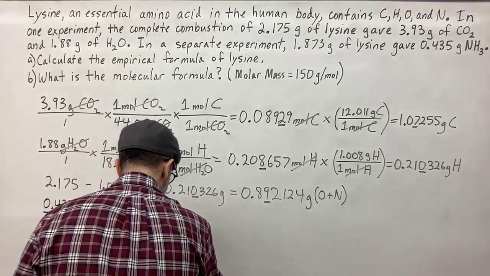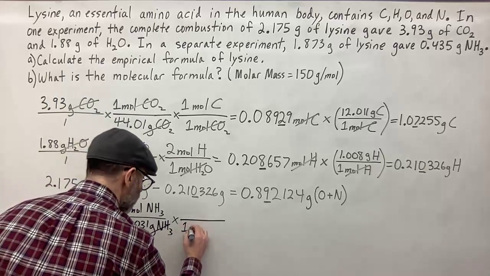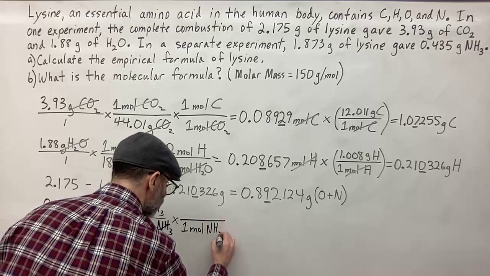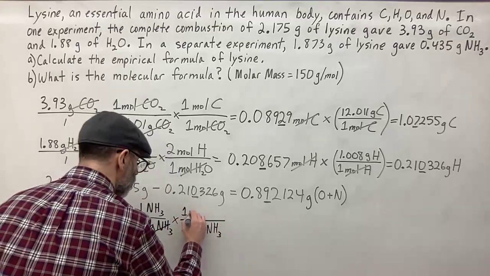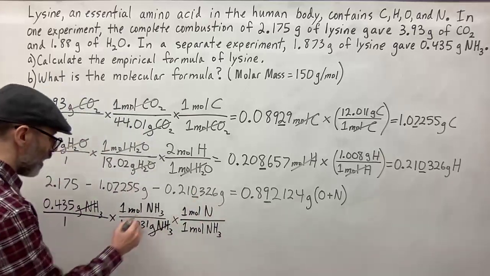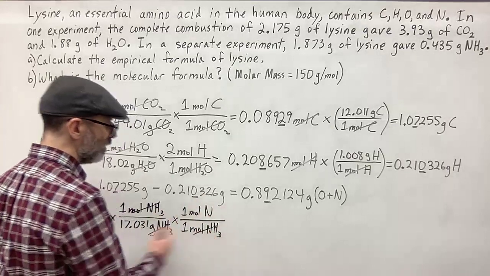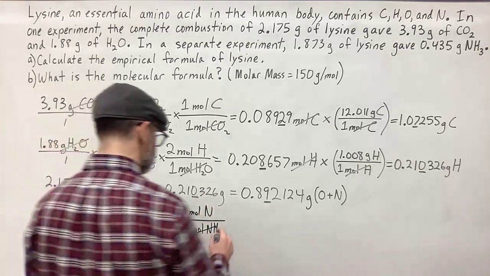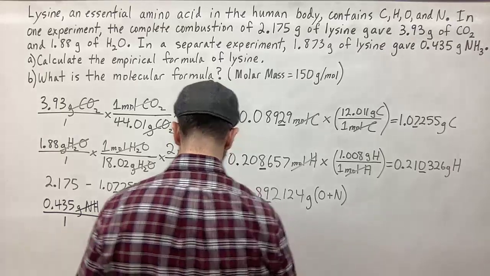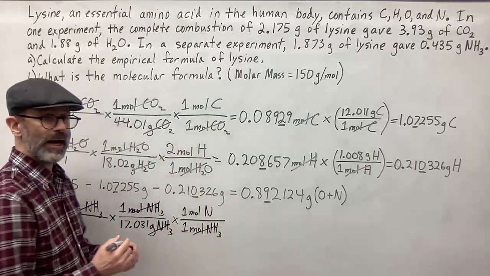So I'm going to multiply by 1 mole of NH3 on the bottom, 1 mole of nitrogen on top. Moles of NH3 cancel out. Now I have moles of N. Actually, I can convert that to grams.